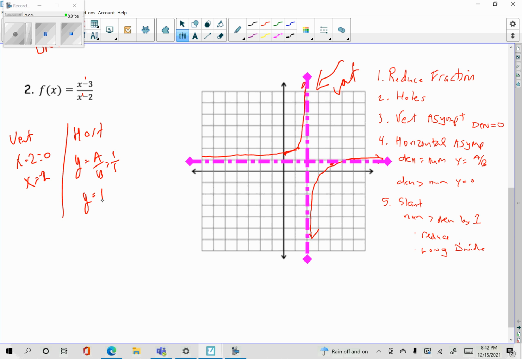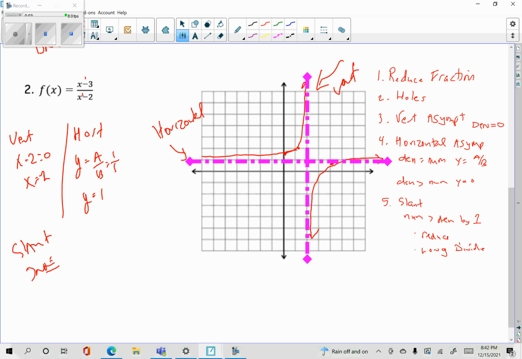So then at, why do I have it at 2? Hold on. Oh, duh. It's right here. Horizontal, y equals 1. Okay. Slant is when the numerator, top, is bigger than the bottom. Not going to happen.